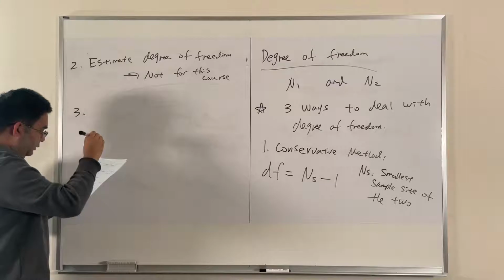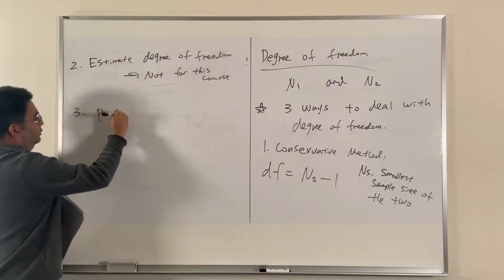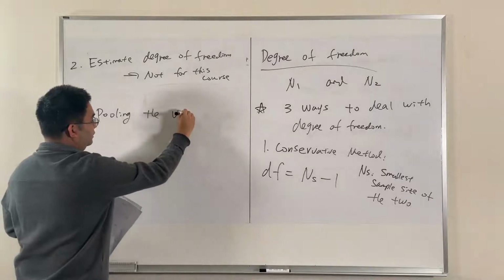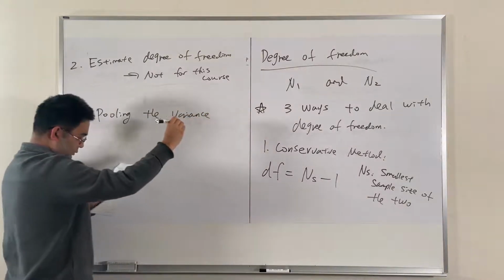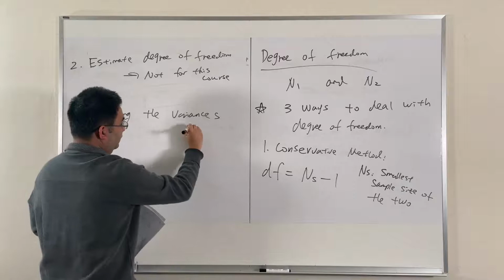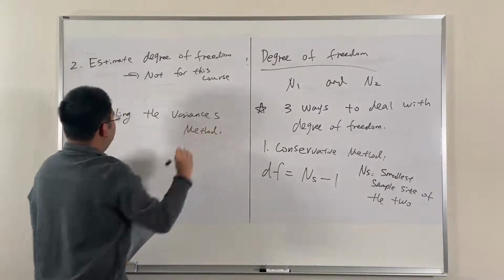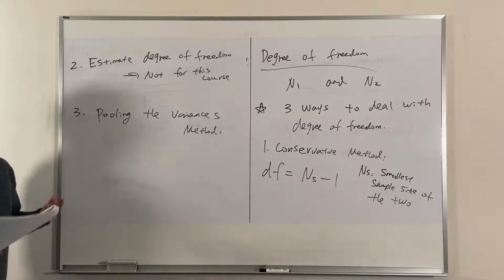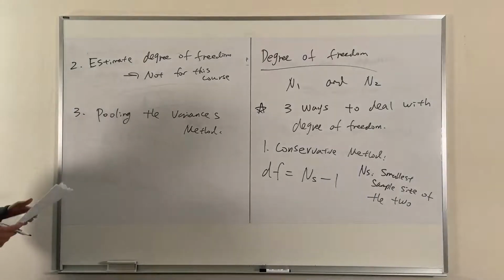The third one is the pooling the variances method, or sometimes we just call it the pooling method.